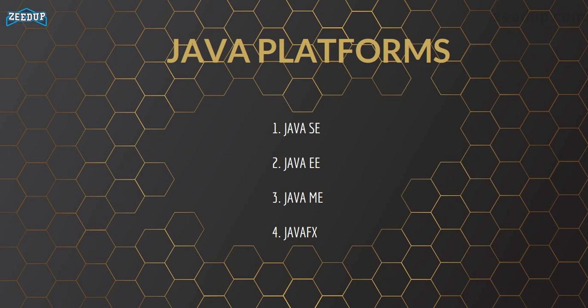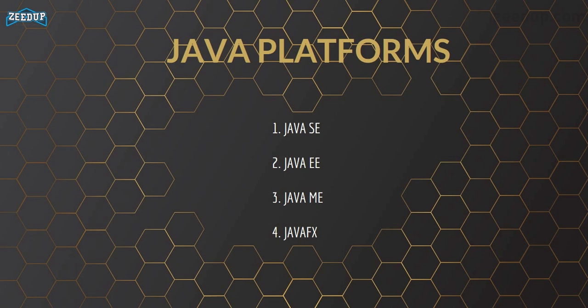Next platform or edition is Java EE, which is Java Enterprise Edition. It is an enterprise platform which is mainly used to develop web-based and enterprise-based applications on Java. It is built on top of the Java SE platform, so the basics of Java SE are all included in Java EE. Along with it, it includes various topics or features such as Servlet, JSP, web services, EJB, JPA, etc. Next, we have Java ME, which is the micro edition.